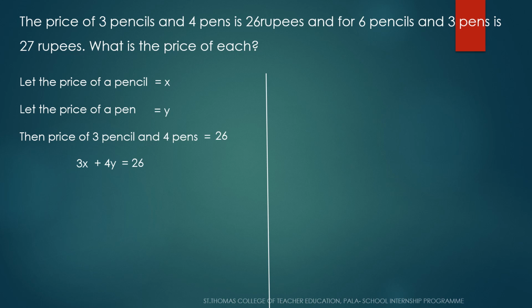Now what was the next step? We take this as equation number 1. From the question itself, it is given that the price of 6 pencils and 3 pens is 27 rupees. So we write it in terms of an equation, and we got 6x plus 3y equal to 27.